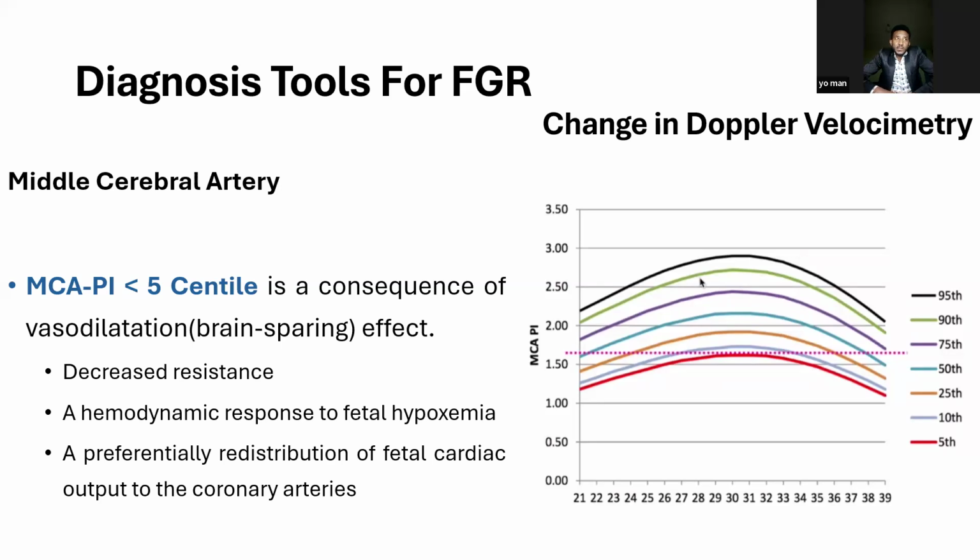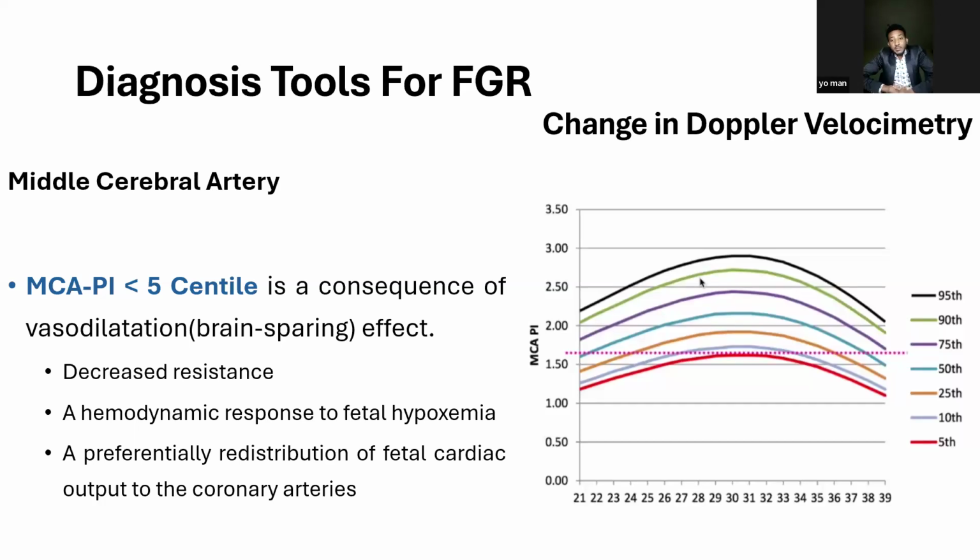That's what we call the brain sparing effect, because there is a preferential distribution of blood to the fetal brain, because he has a lot to think about. It will be displayed as a decrease in resistance. The diastolic flow will be increased. The pulsatility index will be decreased.